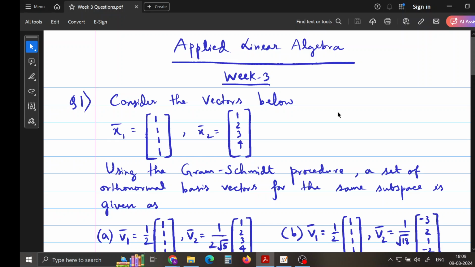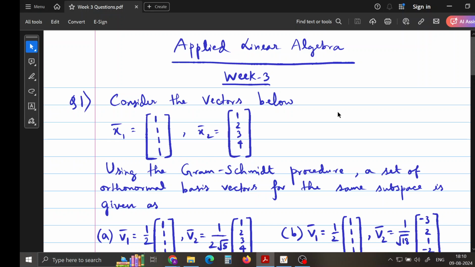As I was saying, we have only two vectors in this case, and we know the process. We have to come up with an orthonormal basis. They have to be basis vectors, and they have to be orthonormal. Orthonormal means both orthogonal as well as unit norm, and they should form a basis for the same subspace.